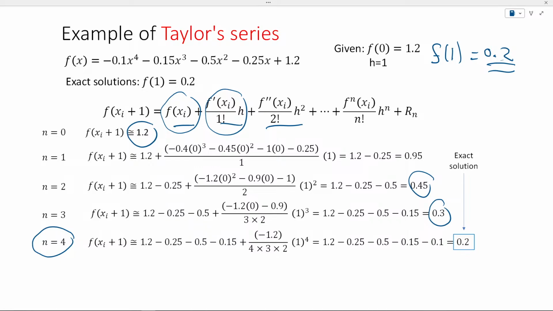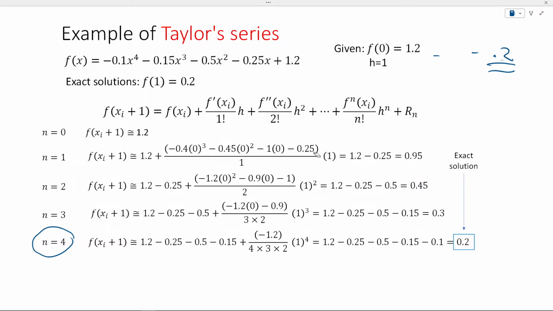And why did I get the exact solution with the fourth order approximation? Because this is a fourth order polynomial, and with the fourth order term, you will get the exact solution.